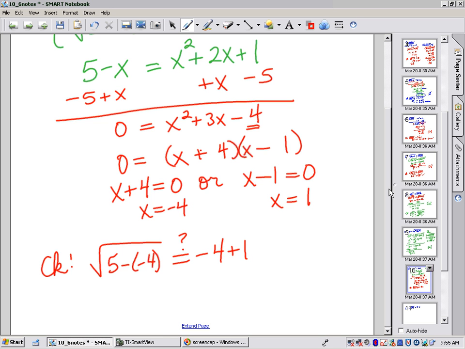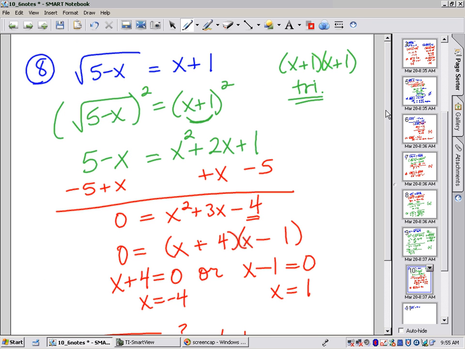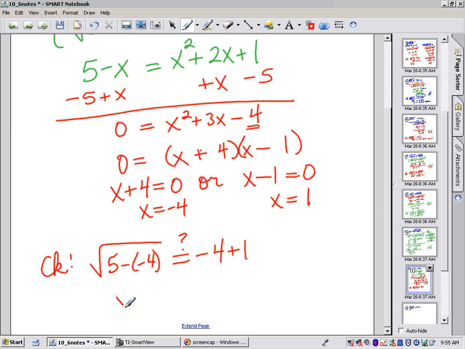Let me just make sure I had that right. Yes. So we get the square root of 5 plus 4, which is really the square root of 9. That square root of 9 is 3, and negative 4 plus 1 is negative 3. So the value of negative 4 does not work.